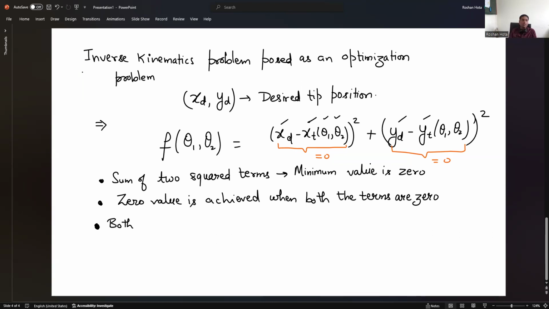So those values of theta1 and theta2 that make the actual value of the tip position equal to the desired value of the tip position, that is the outcome of this optimization process. Both x tip and y tip achieve their desired values.